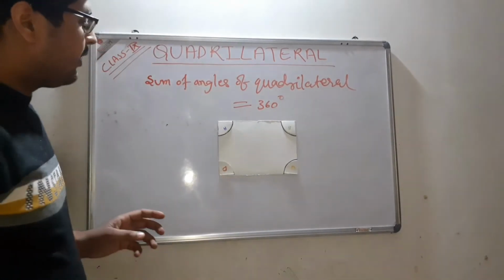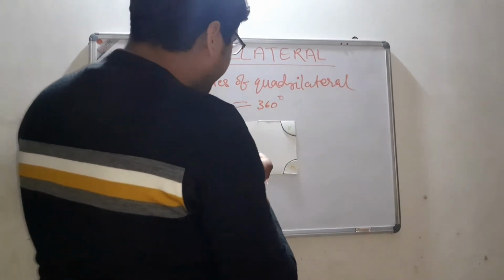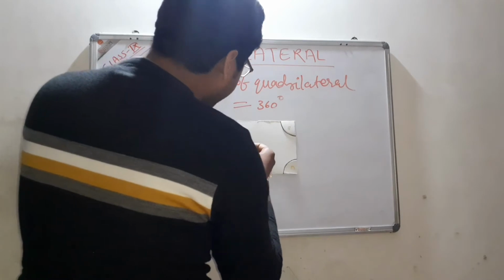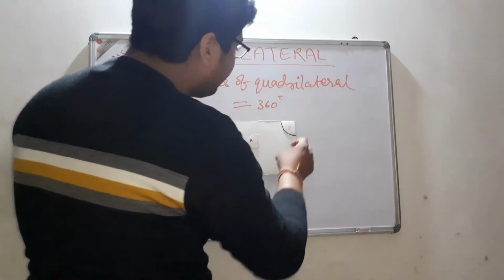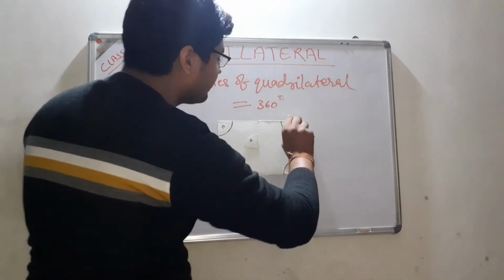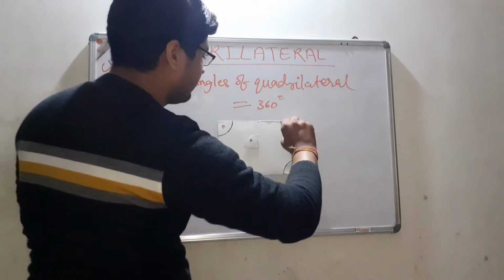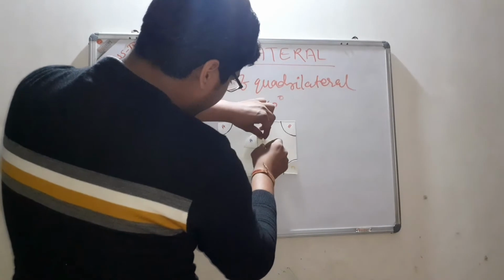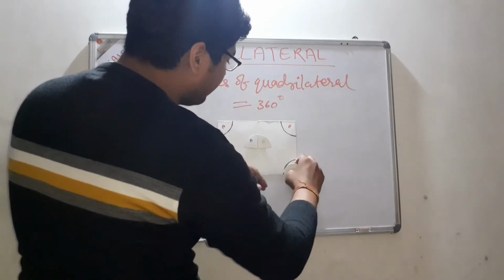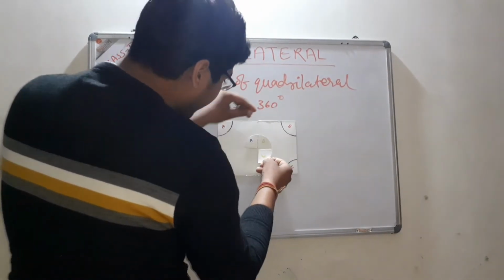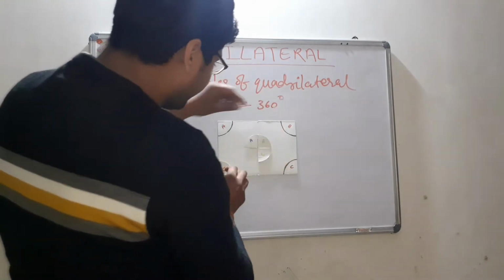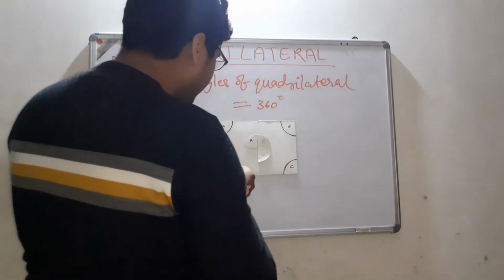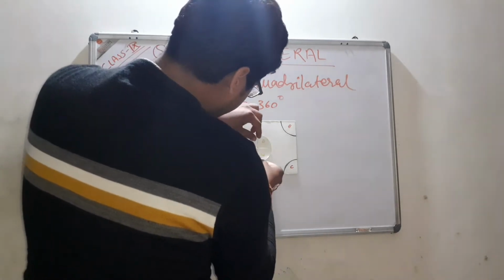Okay, if we take out these four angles, cut them and paste them like this, taking angle B, take out angle B and paste it right here. This is angle C and we will paste it here, and this is angle D and we will paste it right here.